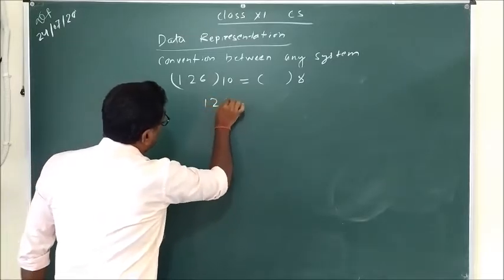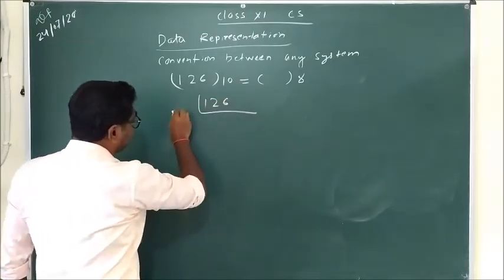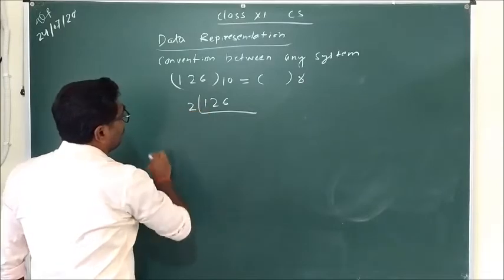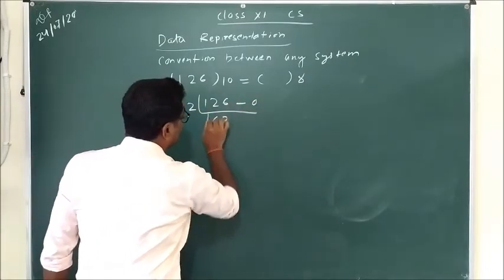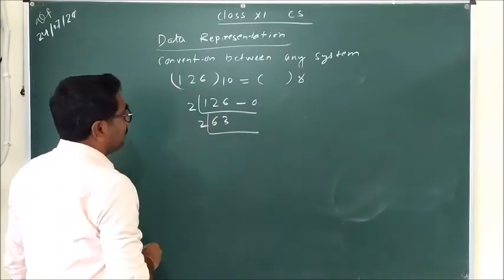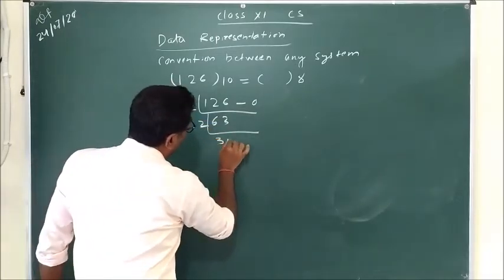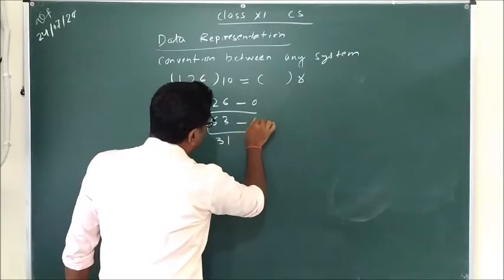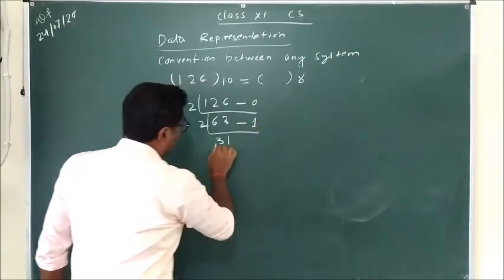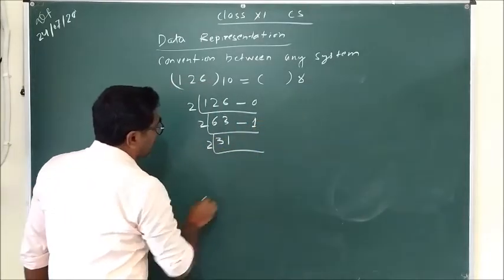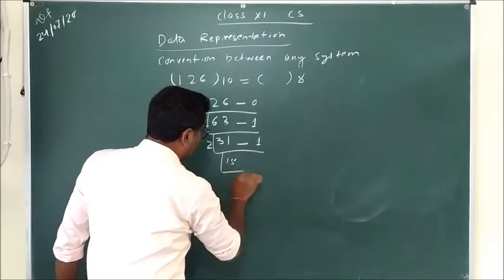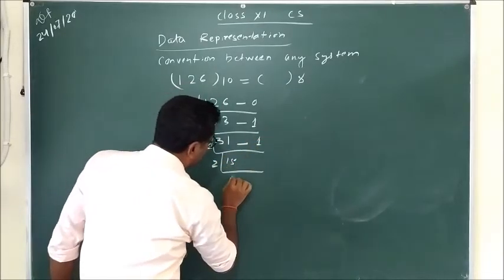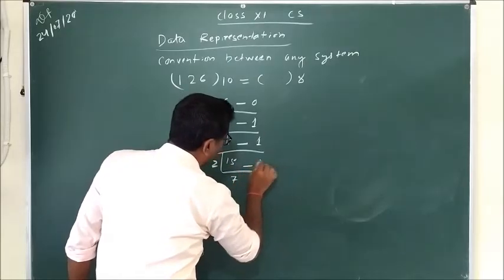For that we have to divide this number by 2, that is 63, the remainder is 0. Again divided by 2, that is 31, the remainder is 1. Again divided by 2, that is 15, the remainder is 1. Again divided by 2, that is 7, the remainder is 1.